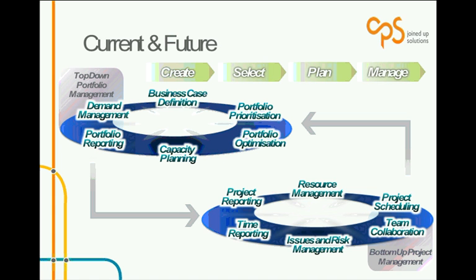These are the elements that we'll have a look at, and in a moment we'll dive in and actually see the demonstration. So the things that we're going to look at are planning, being able to standardize our plans and essentially create a central repository. So rather than a plan being a .mpp on my desktop, we have a central repository on a server. Single version of the truth, all the plans in one place, live and up to date. And we'll see the advantages we can get through that.